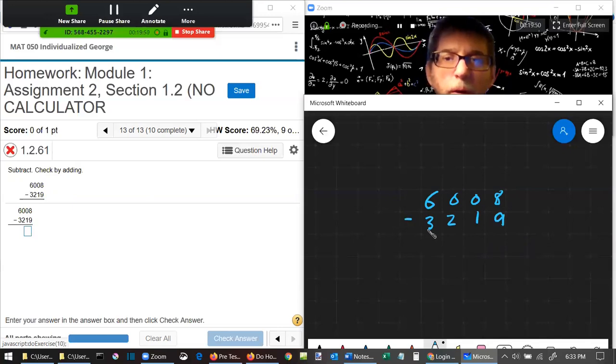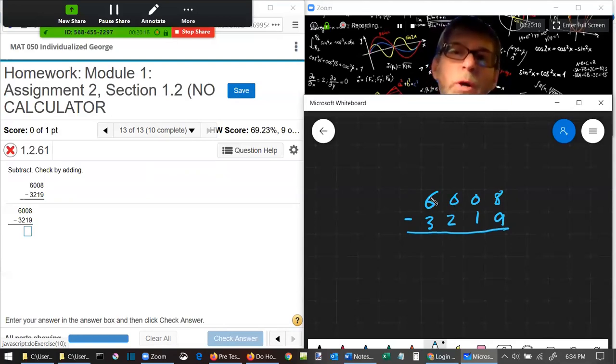All right, so we'll start from the right-hand side. 8 minus 9. Cannot do that because 8 is too small for 9, so we have to borrow from the next digit. But wait, it's 0. Cannot borrow from here, so we have to borrow from the next one to the left. That's also 0. So we have to keep going until we find a non-zero digit.